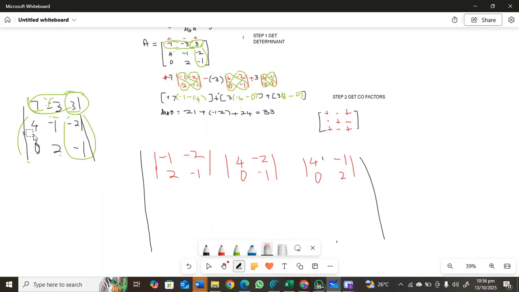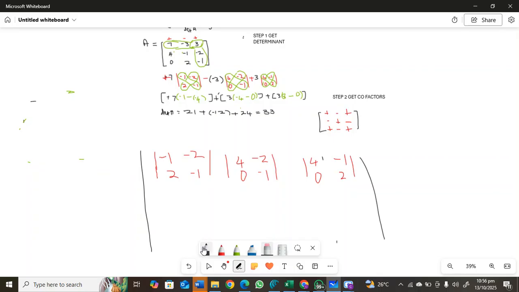Let me make it clear here. Just want to redraw this matrix so that it's looking clear as we go with the next numbers.